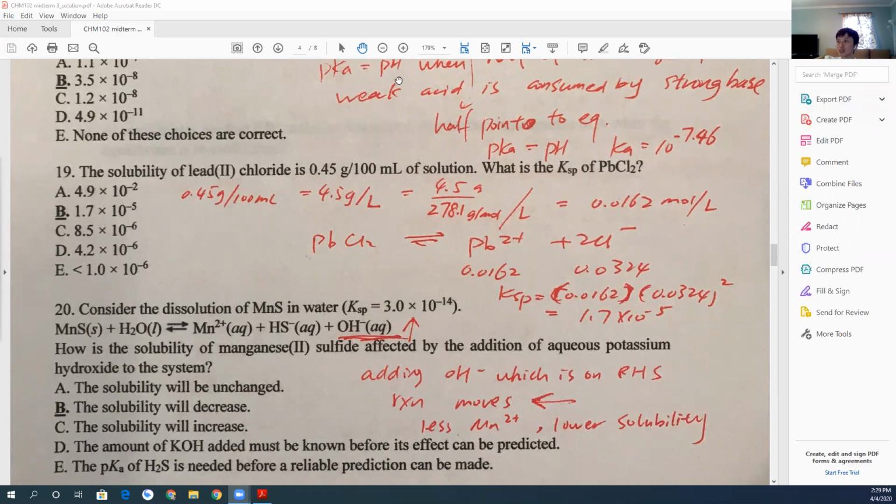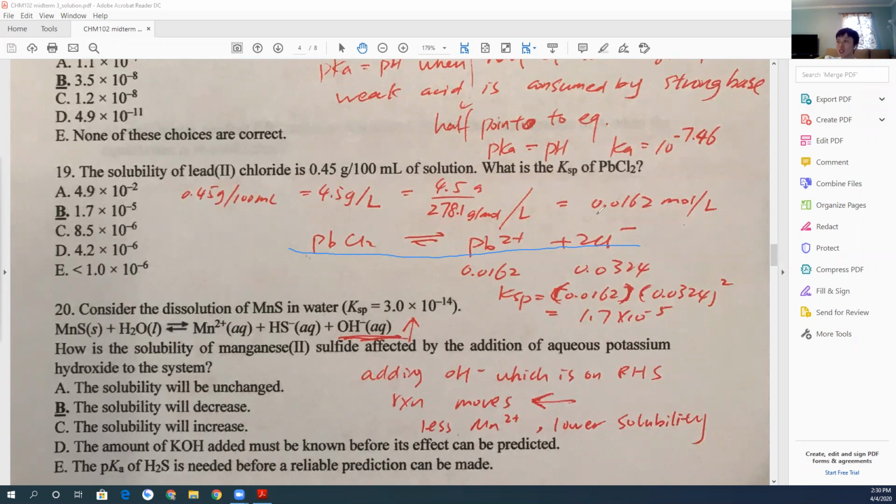We can write out this equation: the salt gives you the metal and the 2 chloride. First we can convert this solubility, which is in grams per 100 milliliters, into molarity. 4.5 is the mass. We want the number of moles, so you divide the mass by the molar mass of lead chloride.